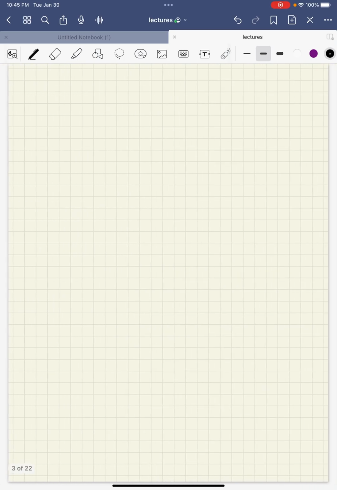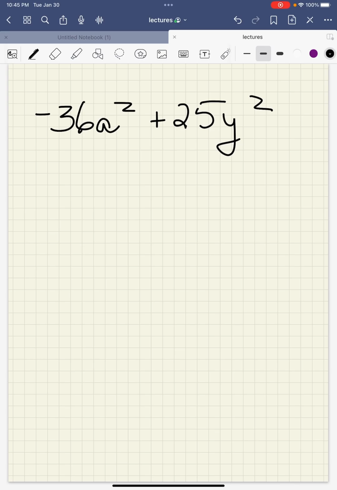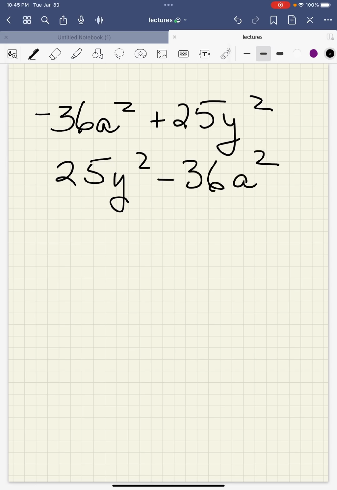Okay, the next one is minus 36a squared plus 25y squared. I'm going to write it so that the negative is in the middle. So in other words, I'm going to write it as 25y squared minus 36a squared.